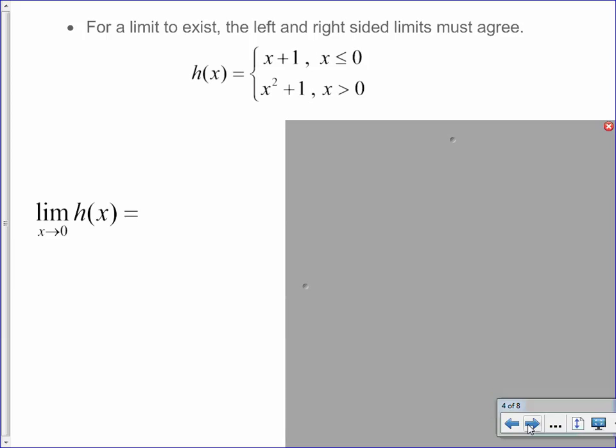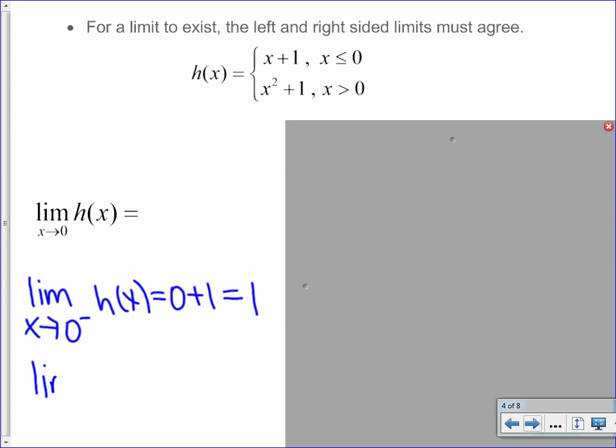Is that okay? So first, the limit as x approaches 0 from the left. Which piece is to the left of 0? This first one, right? So if we plug 0 into that first piece, we get 1. Okay?